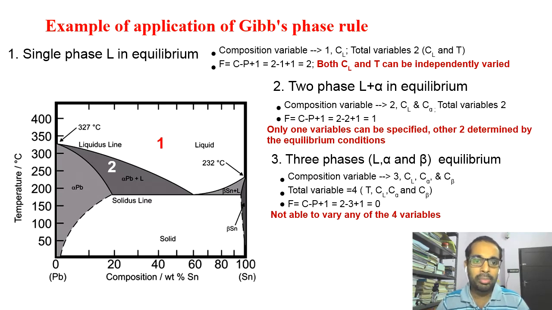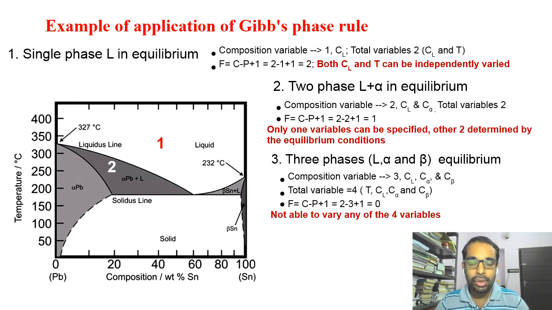Now we will see what the degrees of freedom are. F is equal to C minus P plus 1. Here C is again 2, two components, and P is equal to 2, the number of phases. So 2 minus 2 plus 1 is 1.